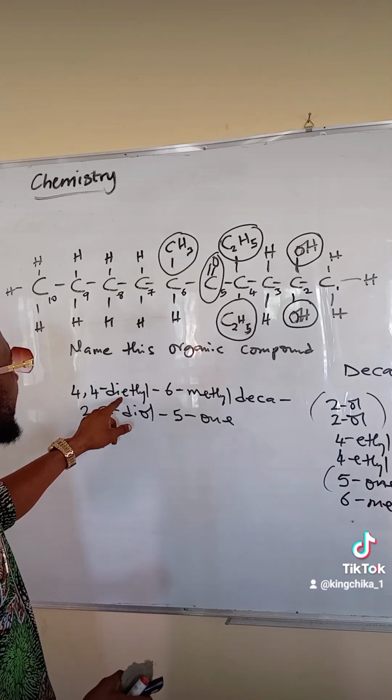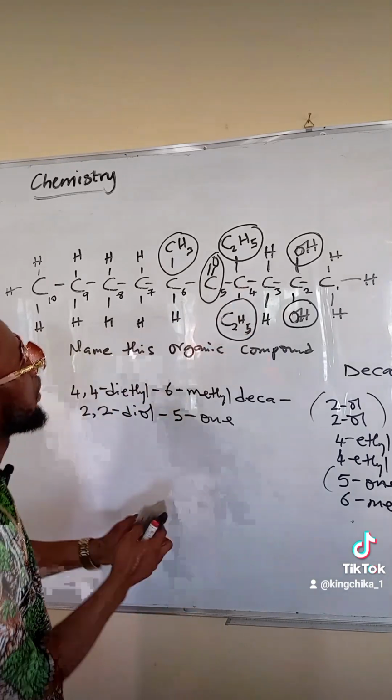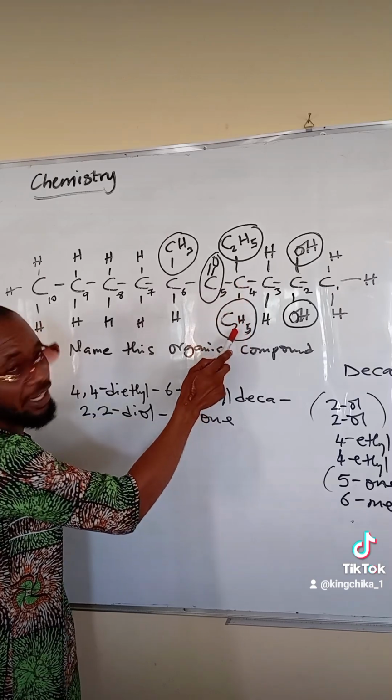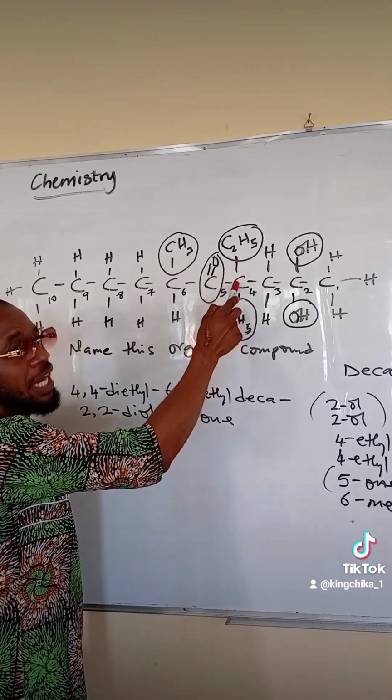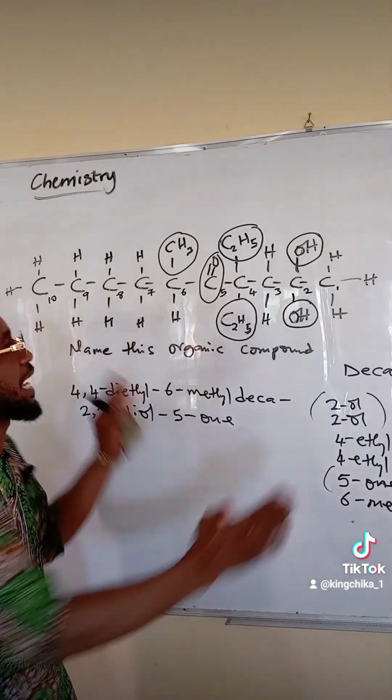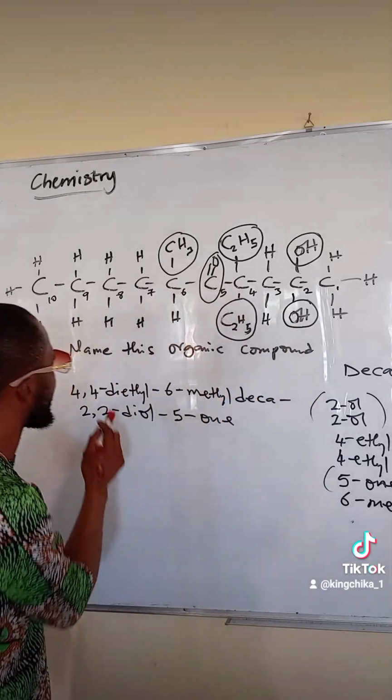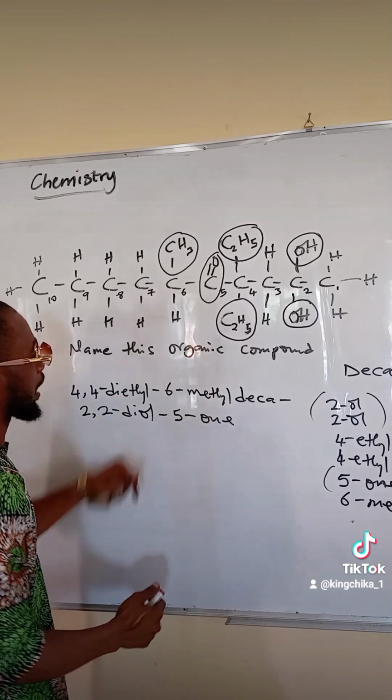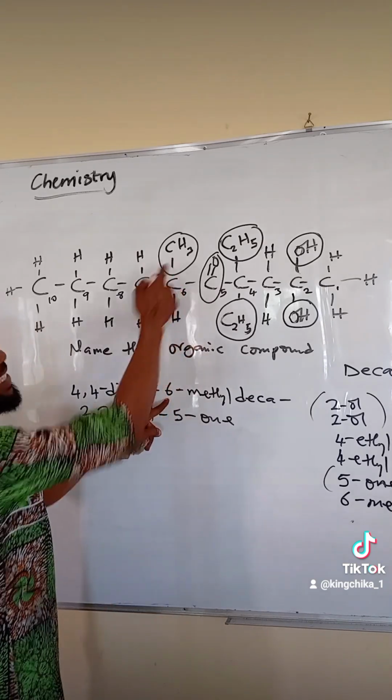4,4-diethyl, owing to the fact that on carbon 4 we have ethyl, and on carbon 4 we still have another ethyl. The total number of ethyl groups in the compound is 2. That's where the di is coming from. Now on carbon 6 we have methyl.